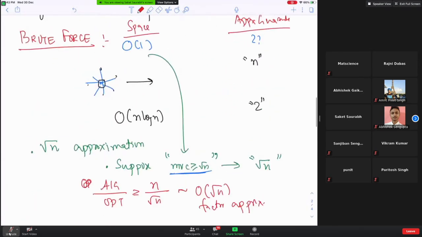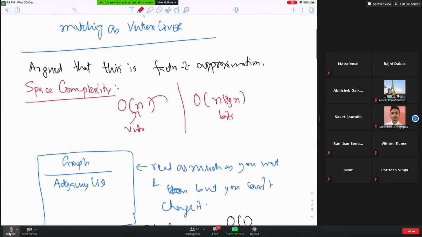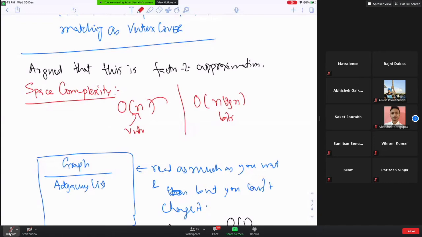And if L is less than root n, meaning I cannot find any more maximal matching, then let's go back and look at the vertex cover algorithm which we made before. What is the space complexity of this? Actually, it is not order n log n bits. It is actually order maximal matching size times log n bits.